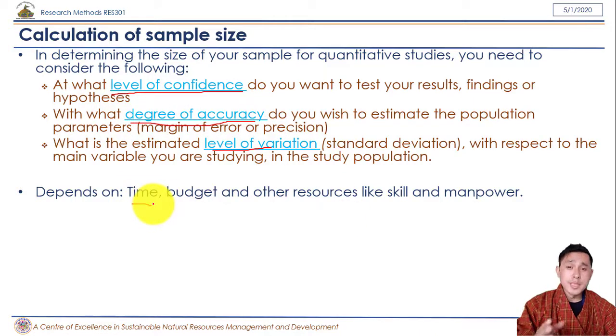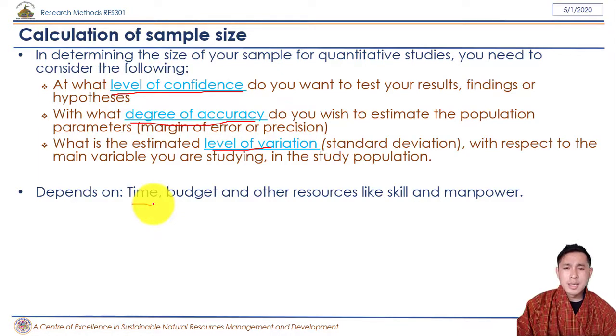So if you have less time, for example, the formula used, which is the next slide, the formula to be used to calculate the sample size, if that formula gives you, from the population of 2000, around like 600 people as your number of respondents, or if your sampling area from the formula results in around like 4 to 5 hectares, then in most cases in dissertation or thesis time, because you're just allotted 6 to 7 months of data collection as well as data analysis and report writing time, in that case it will be quite difficult for you to do the sampling of this huge number of respondents, or the sampling of this huge area.